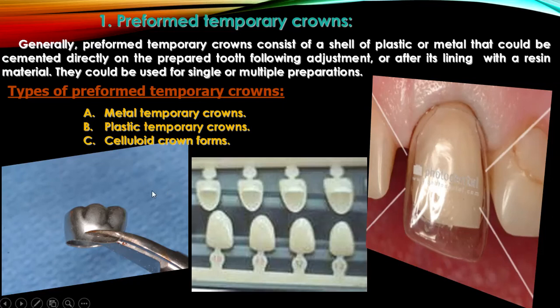And we have different types of temporary crown. We have metal temporary crown, we have plastic, and we have celluloid crown. Celluloid crown is used as a mold to construct a temporary crown. So all of these types are a shell of material that can be used, after adjustment, cemented to the prepared tooth.